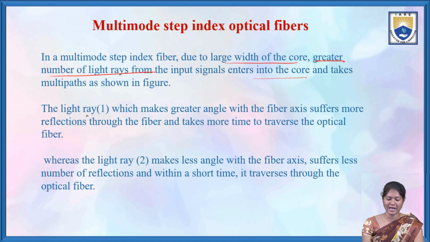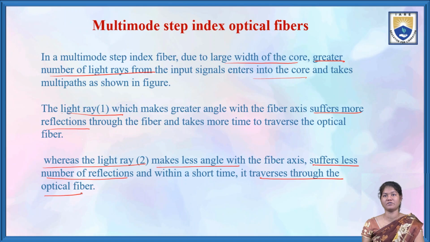Suppose the light ray 1, which makes a greater angle with the fiber axis, suffers more reflections through the optical fiber and takes more time to traverse it. Whereas light ray 2 makes less angle with the fiber axis, suffers fewer reflections, and within a short period of time, traverses through the optical fiber.